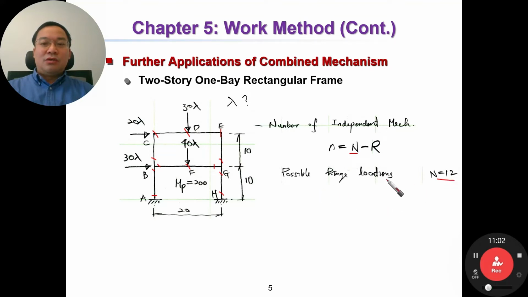Possible hinge locations. How about R? The number of redundancies, or degree of redundancy.